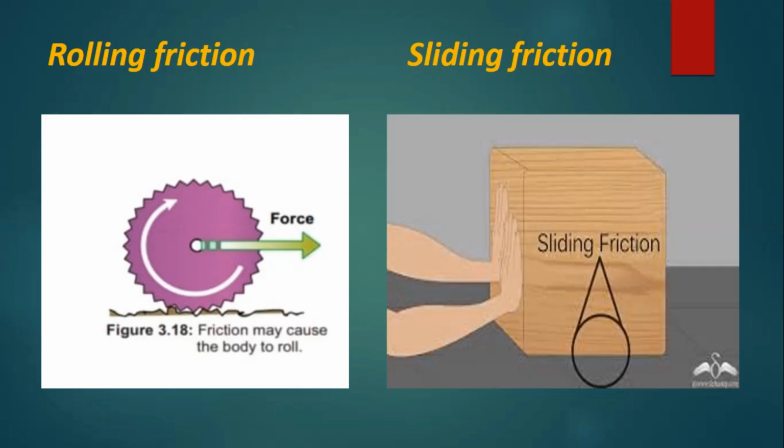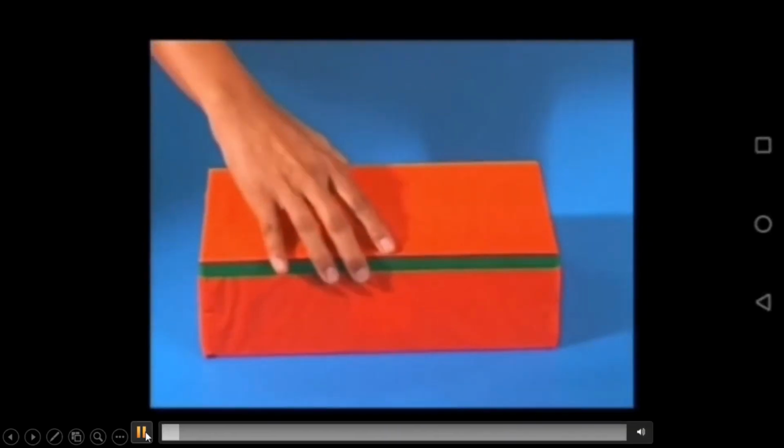Let us see the video. In this video you can see how rolling friction is less than the sliding friction. See here. Place this box on the table.